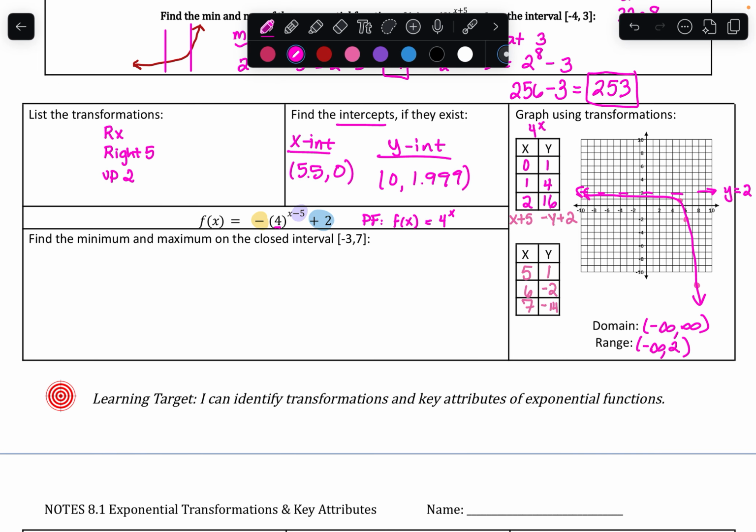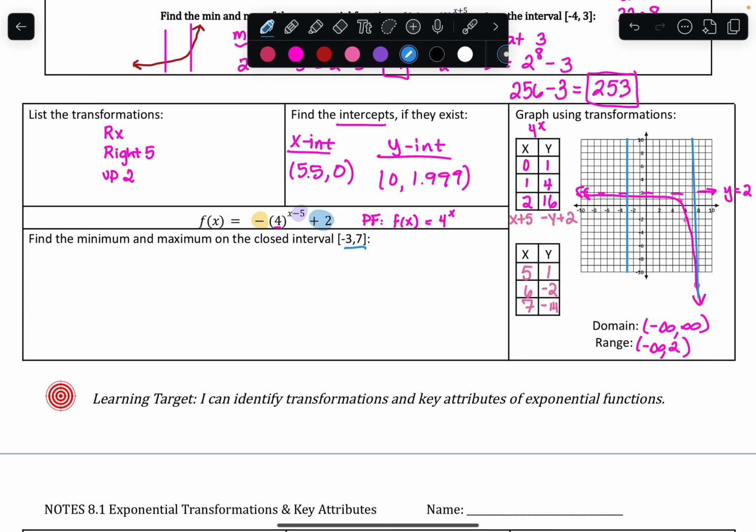Okay, finding the minimum and the maximum on the closed interval from -3 to 7. We can see that this function is decreasing, and we are restricting our view of it only from -3 to +7. Okay, there's no vertical asymptote here, so both the min and the max do exist.